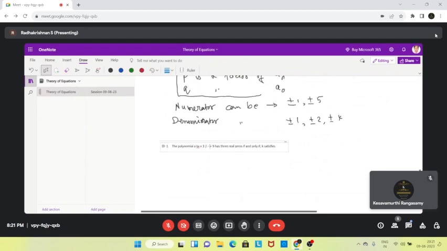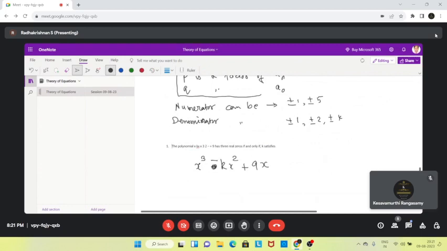So x cube minus kx square plus 9x is the given polynomial.